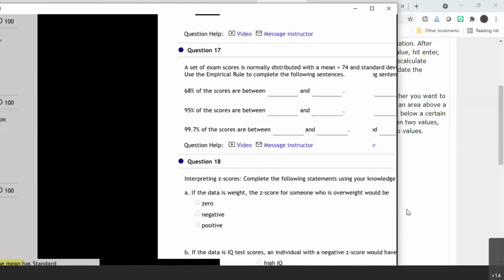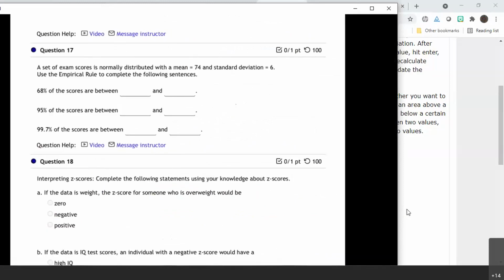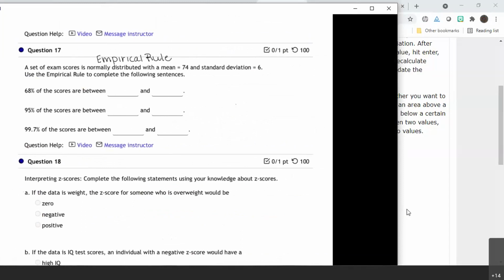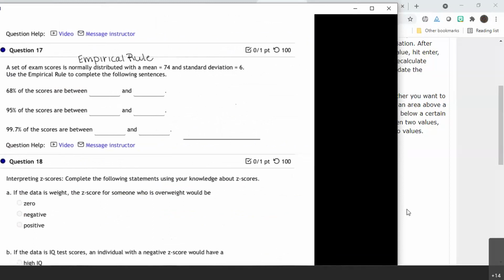All right, let's look at 17. 17 is asking you to use the empirical rule. It says a set of exam scores is normally distributed with a mean of 74 and a standard deviation of 6.